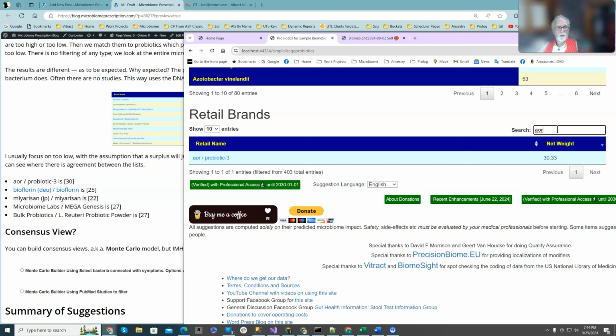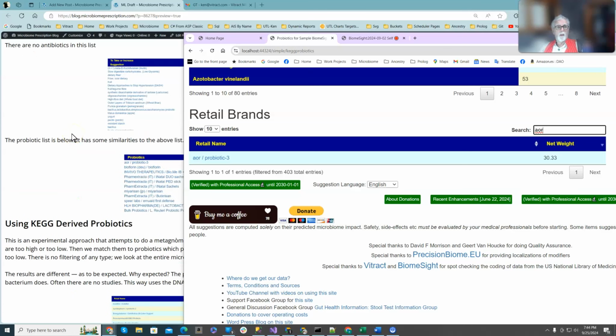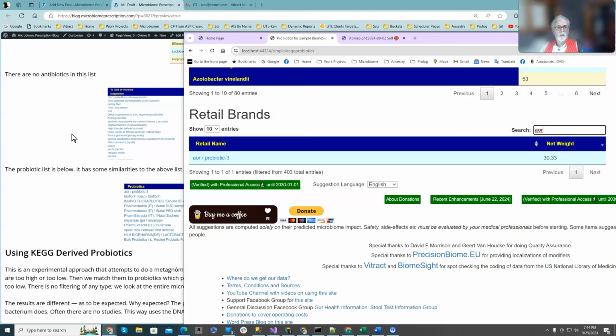It's a positive one. It's one which we should be taking. It's suggested up above, and in the direct KEGG calculation it's there. We can do that for Bioflora, etc. We could go back up here and take a look at some of the other ones.